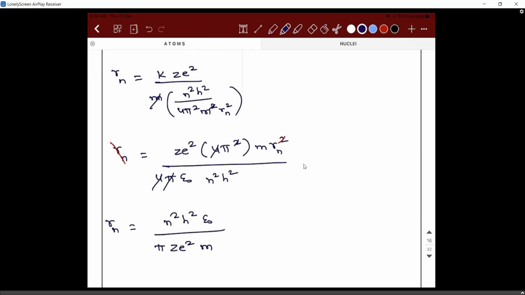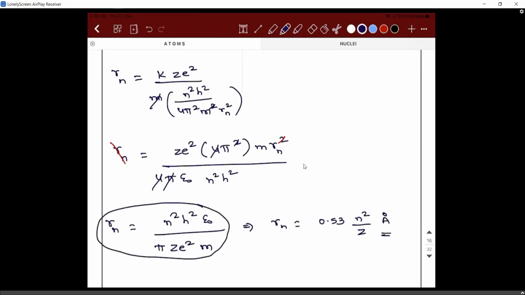When you substitute, what will you get? Rn will come out as 0.53 n square divided by z. So this Rn is what you're supposed to remember sometimes: n square h square epsilon naught divided by pi z e square into m. Everything is in terms of constants except what?